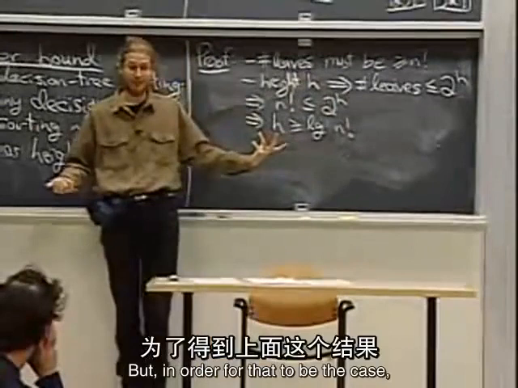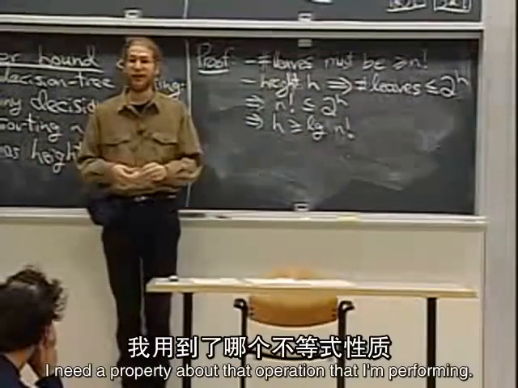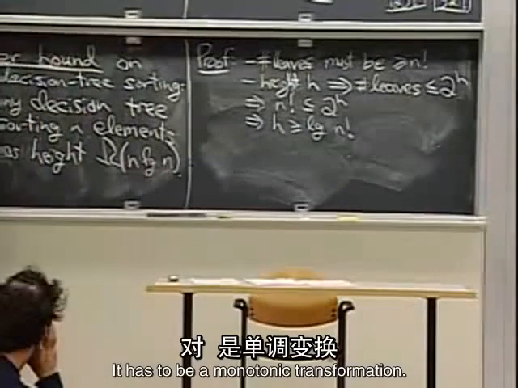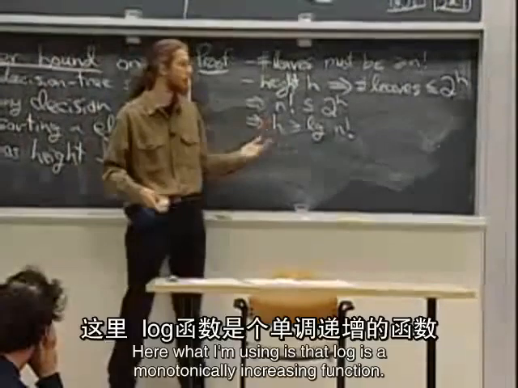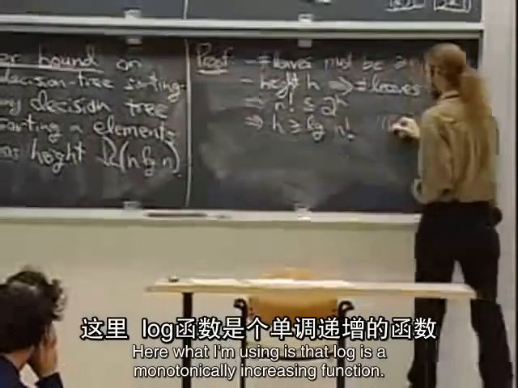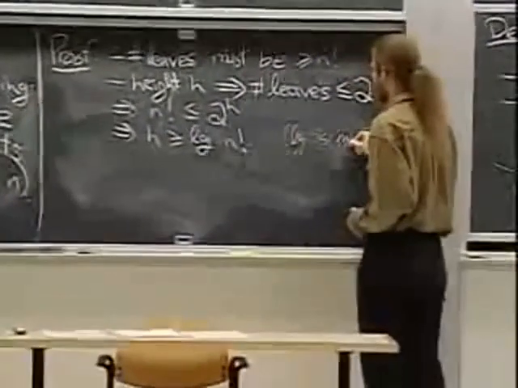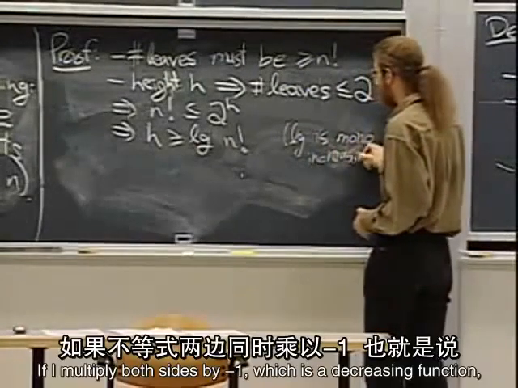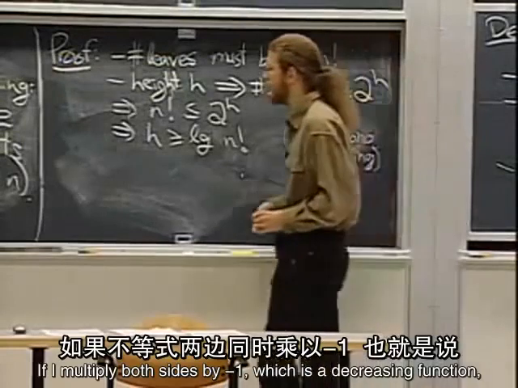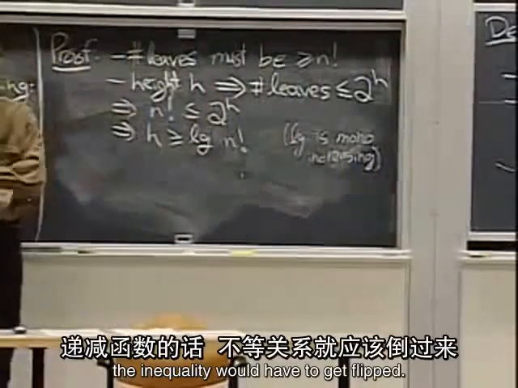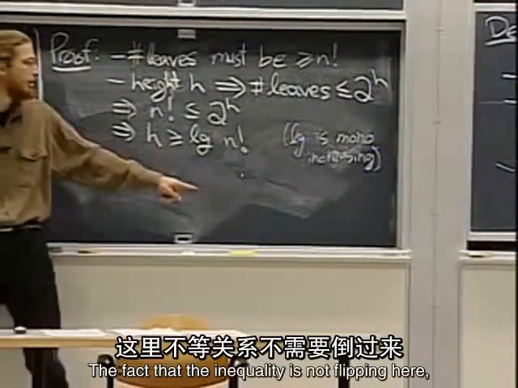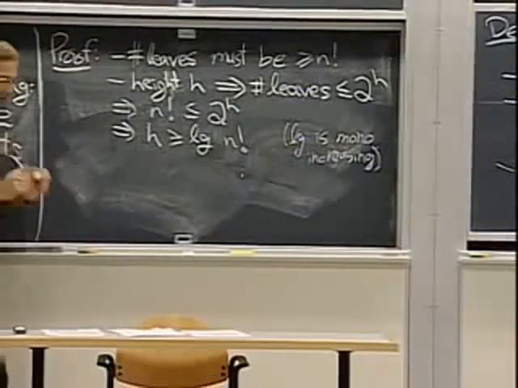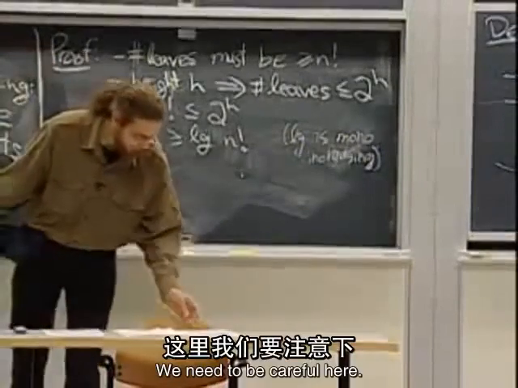But in order for that to be the case, I need a property about that operation that I'm performing. Yeah? It has to be like increasing? Yeah, it has to be a monotonic transformation. So here what I'm using is that log is a monotonically increasing function. That's important. If I multiply both sides by -1, which is a decreasing function, the inequality would have to get flipped. So the fact that the inequality is not flipping here, I need to know that log is monotonically increasing. If you've seen log, that's true. Need to be careful here.